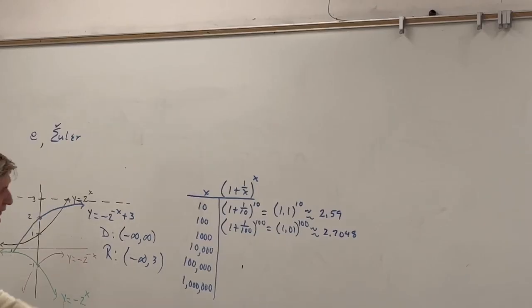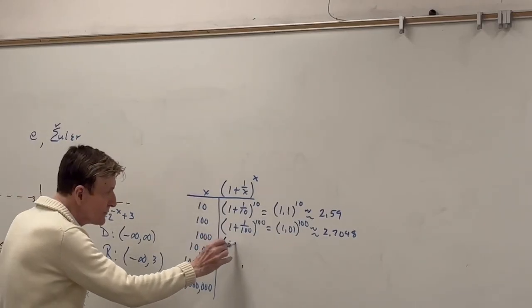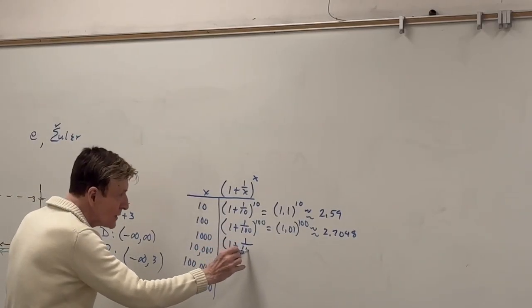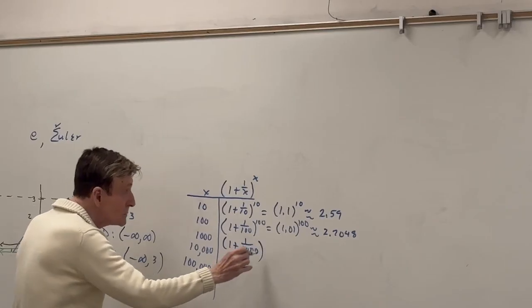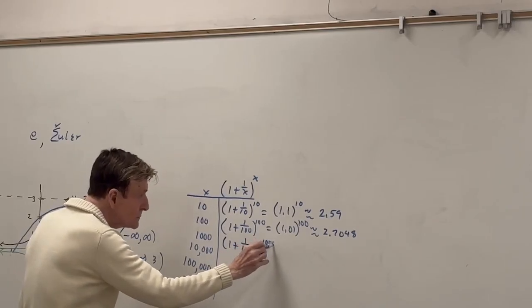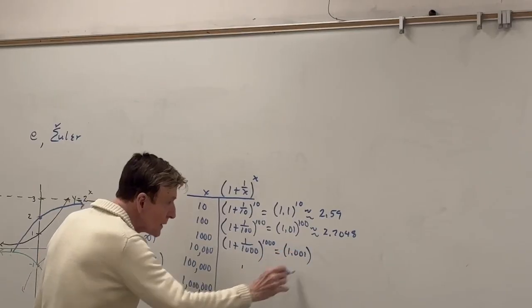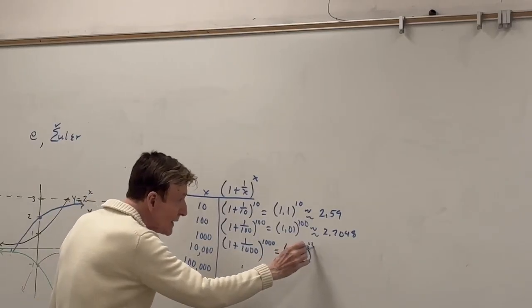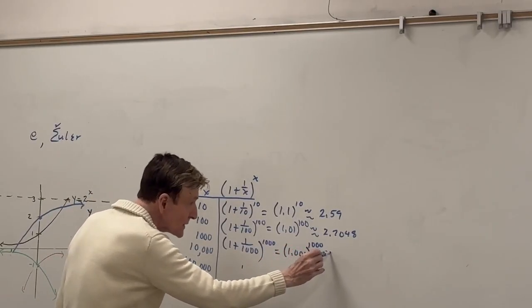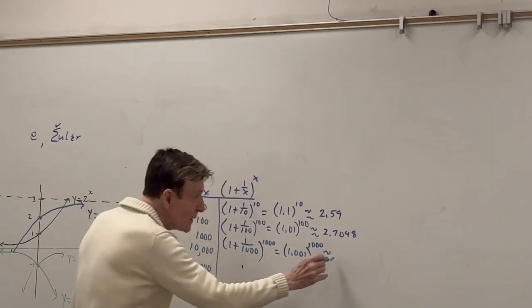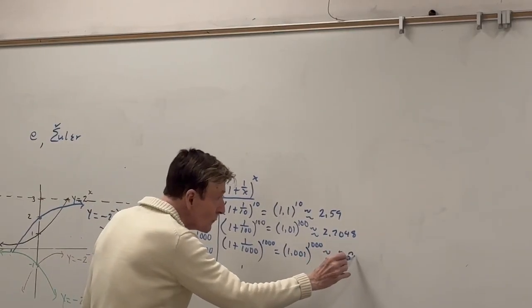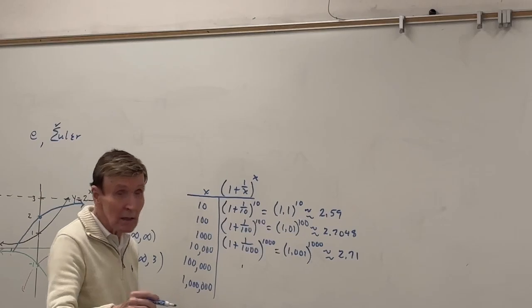Now go up to 1,000 in this expression, raised to 1,000 of all things. What's that close to? 2.7169.